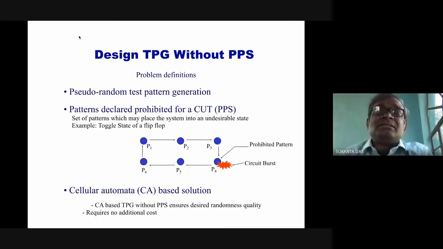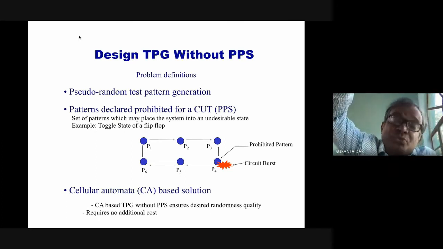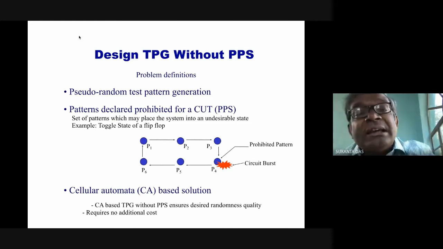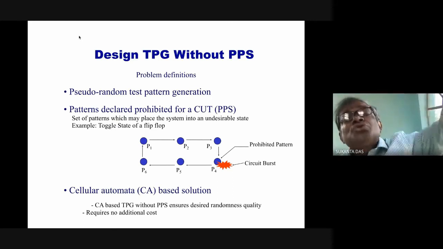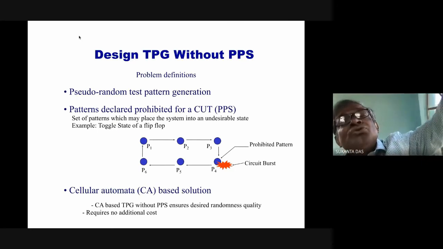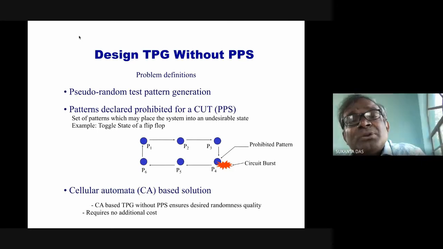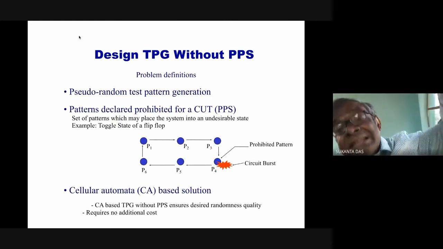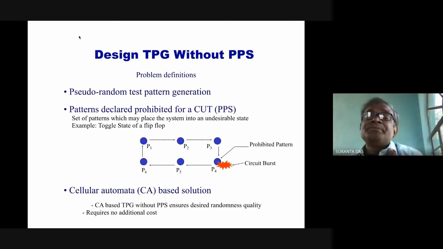Now, in some cases, it may so happen that while you are giving this kind of input, your circuit may be put in some undesirable state. So what should you do? You should not give those patterns as input, because you know in advance that these patterns may put your circuit in undesirable condition.